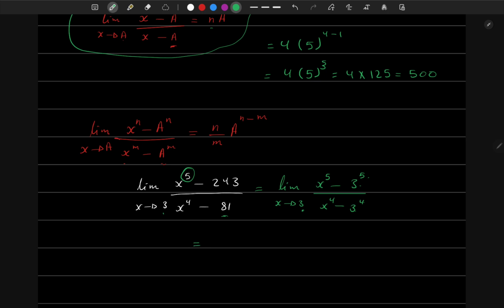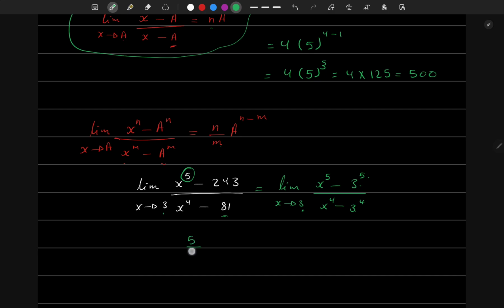And so this is going to equal n over m. n is 5 and m is 4 and a is 3.